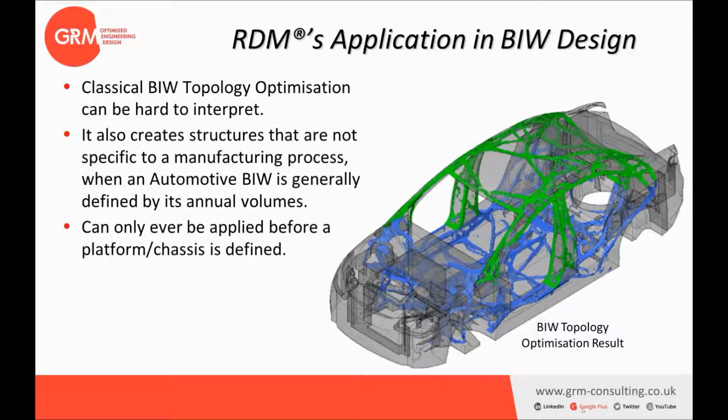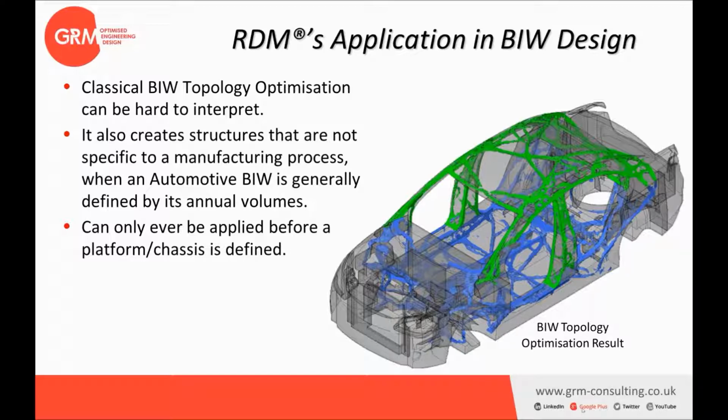Moving on to a clear example, which is a body in white. The first approach, if you want to optimize the structure, could be to use topology optimization. But as you can see, topology optimization results are really organic shapes, which are very difficult to interpret into manufacturable parts.